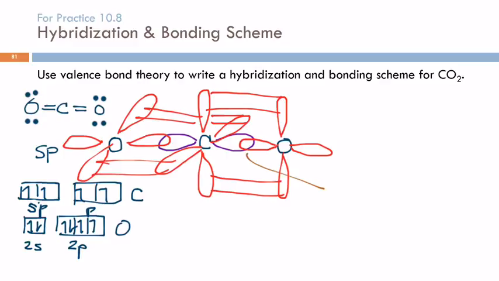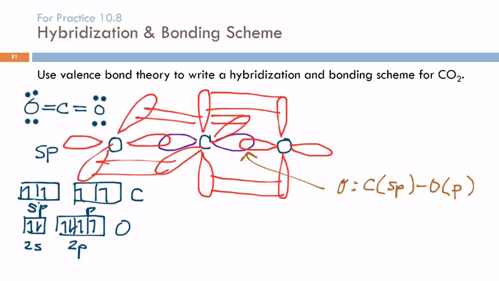Okay, so let's label this bond. Sigma or pi? Sigma. And it's between what two elements? Between carbon and oxygen, right? What orbital on the carbon? An sp hybridized orbital. And what orbital on the oxygen?